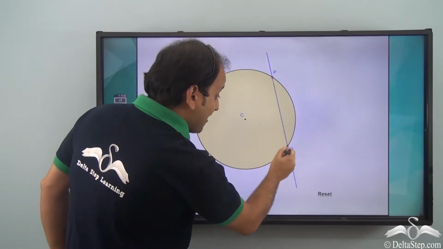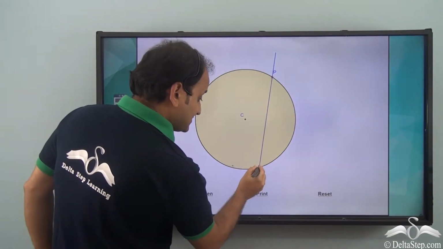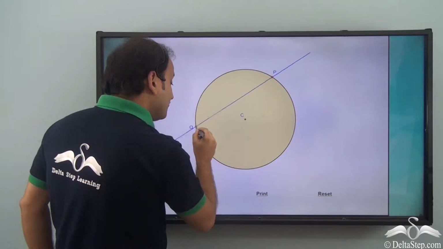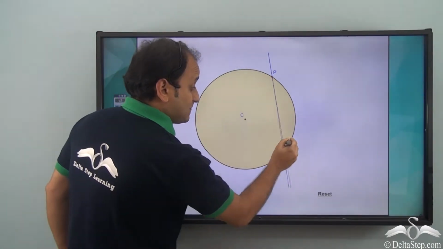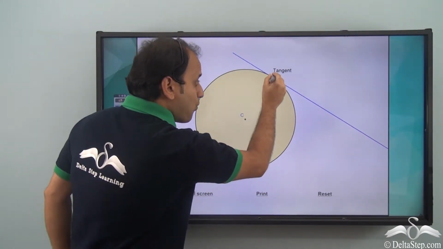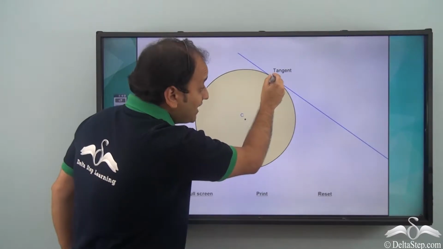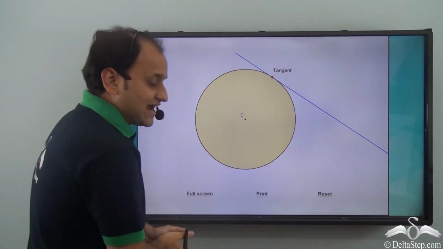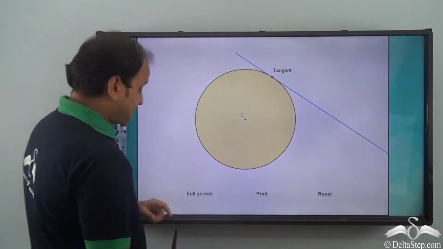So while you have 2 points, that is, a line touches the circle at 2 points, we call it a secant. But as soon as the point of contact is just 1 point, one single point, it is called a tangent. So let's understand what a tangent is.